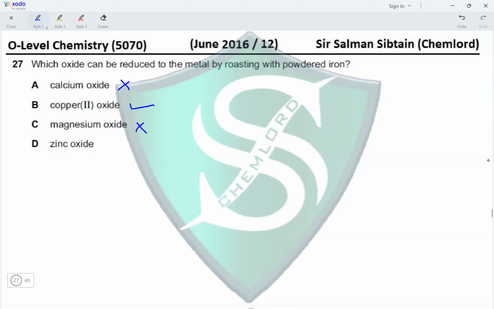Zinc is more reactive than iron, it will not get displaced by iron. So when copper oxide is roasted with powdered iron, iron will become iron oxide and copper metal would be produced. Therefore, the correct option for this question is option B.